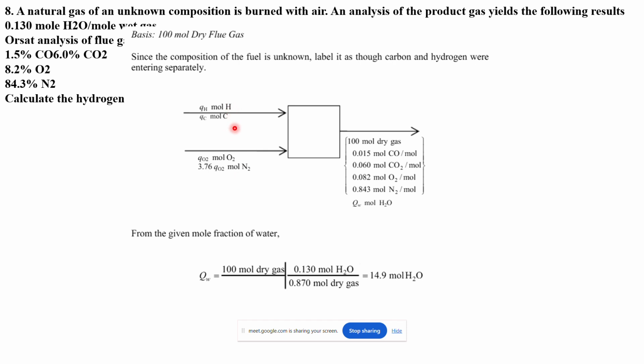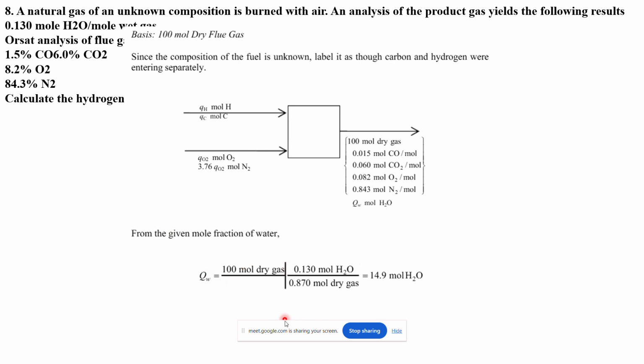However, we can calculate the quantity of N2, because natural gas is not going to contain any nitrogen. Natural gas means a composition of CH4, or it can have some other hydrocarbons, but it is not going to have any nitrogen compound inside. So with the help of the 84.3% N2 in the flue gas, we can calculate the amount of N2, because the N2 in the feed is directly converted into the N2 in the flue gases.